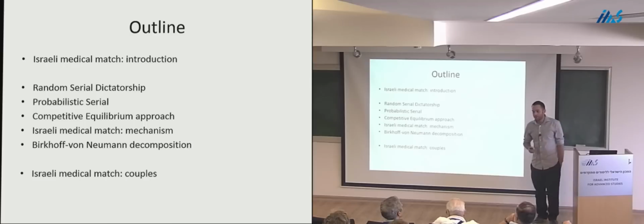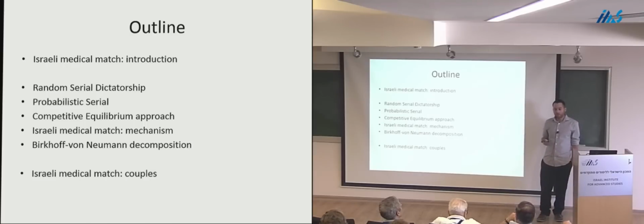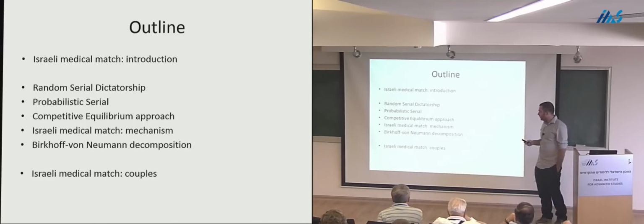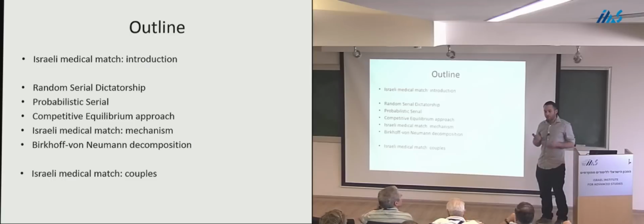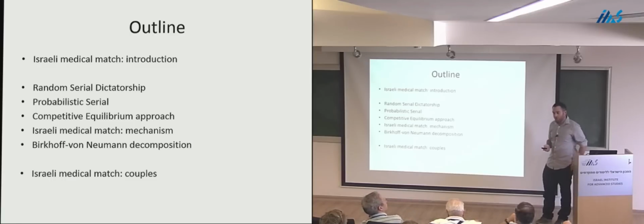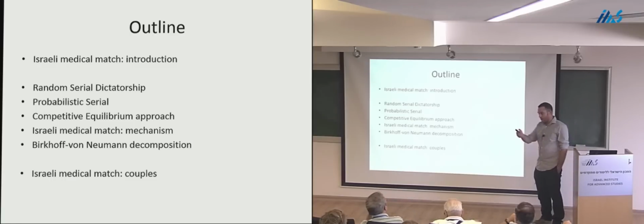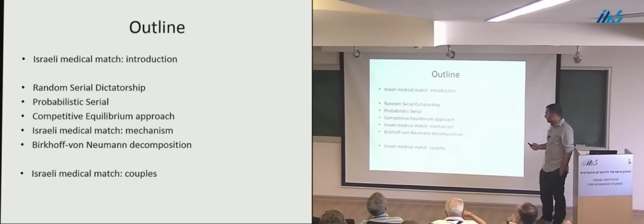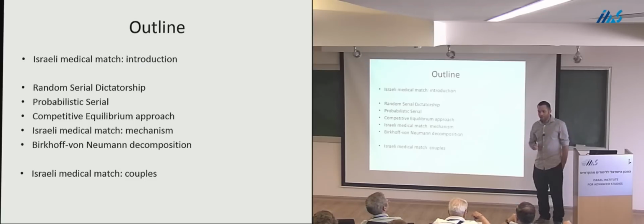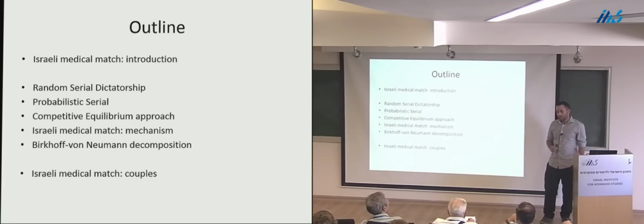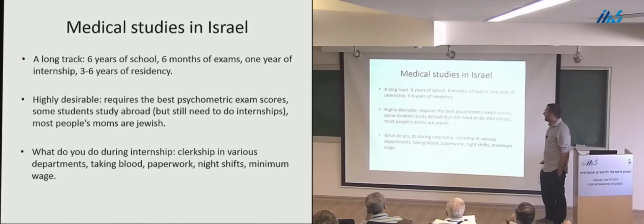We have couples in the medical match, same as we have in the American medical match. But here, because it's a one-sided assignment, we need to treat it a bit differently than what we do in the two-sided assignments that Al mentioned a few days ago. Maybe if I have time, I'll also mention the Israeli psychology redesign that was finished 3 days ago and is also very interesting.